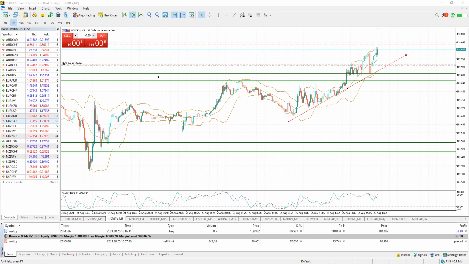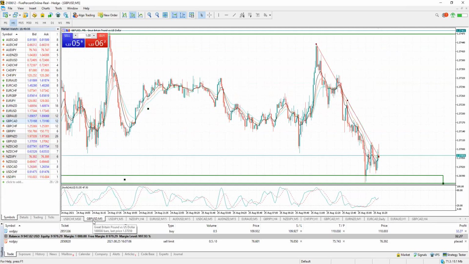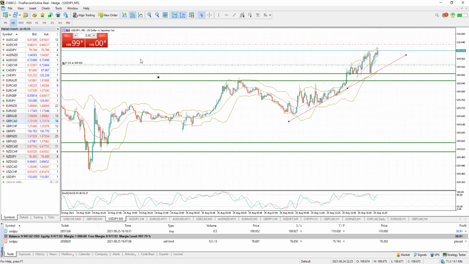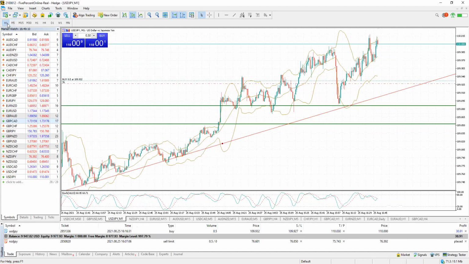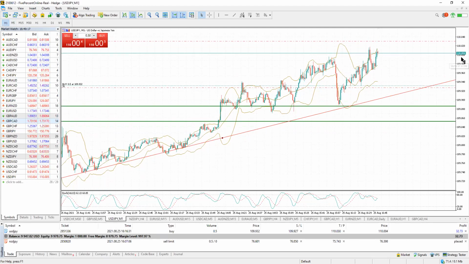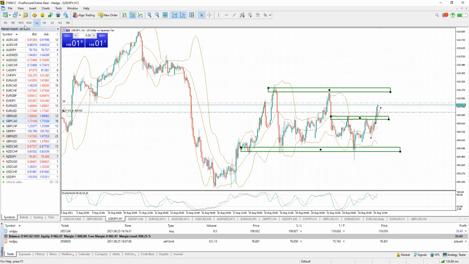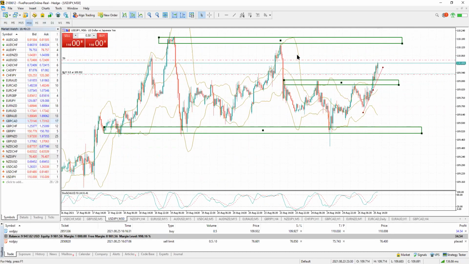Okay, I will download the chart of the gold on TradingView. Okay, we are entering this supply level here.